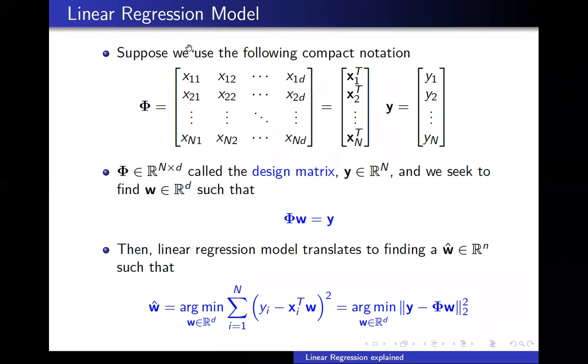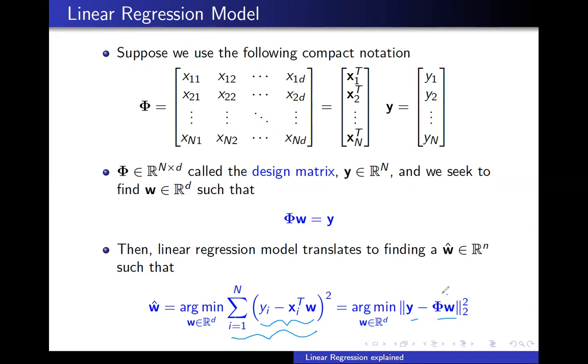If you look at this term over here, this is simply the square error for the ith term. You are summing over n data points in your data set, and this whole quantity can be compactly represented as y minus phi w, the square norm of this vector.